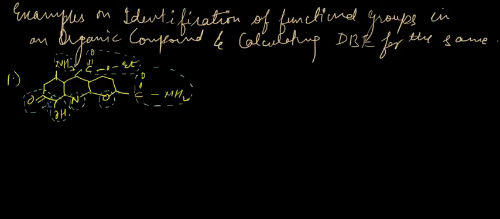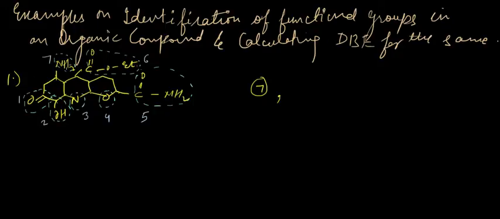So how many different functional groups are here in this compound? The answer would be 1, 2, 3, 4, 5, 6 and 7. So the answer is 7.